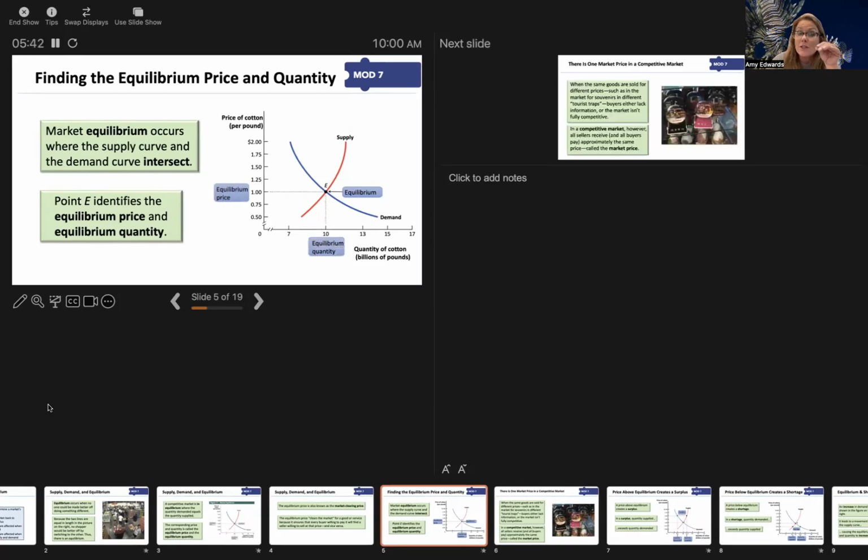I want you to also go in and draw those dotted lines. This is how you want this graph to look. If I gave you the demand and supply schedule for cotton and said, I want you to draw equilibrium, you have to know I got to put the demand curve in, the supply curve, and I need to identify the equilibrium point and draw the dotted lines. Not too hard.